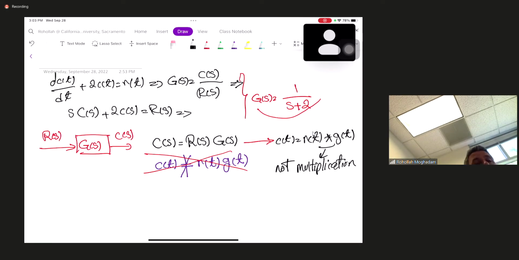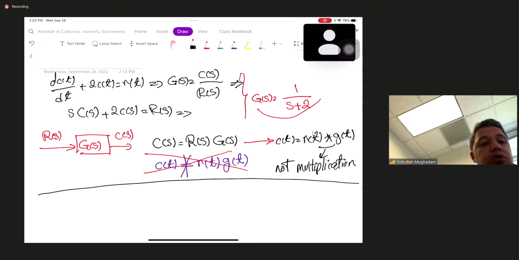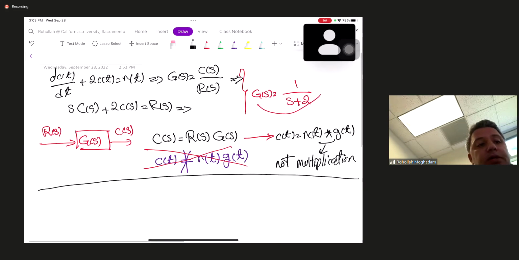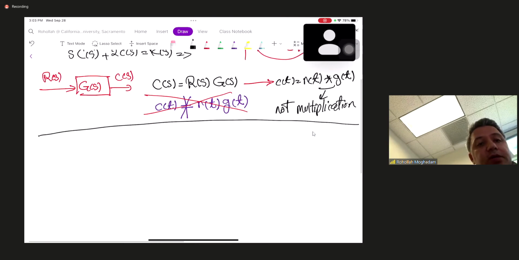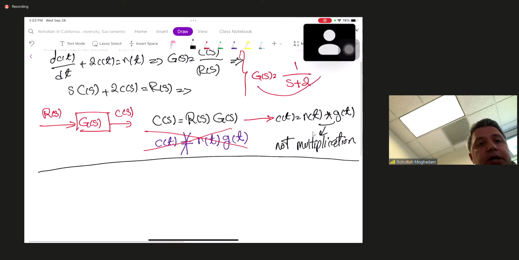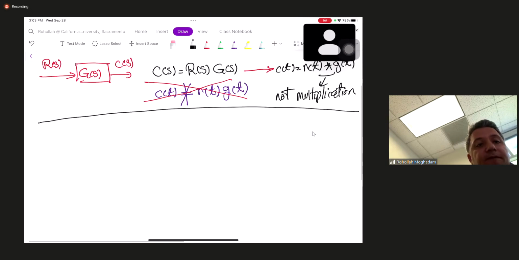All right, keep this in mind. This is not multiplication. I wanted to start with this because I don't want you to have an issue like this in your exam.